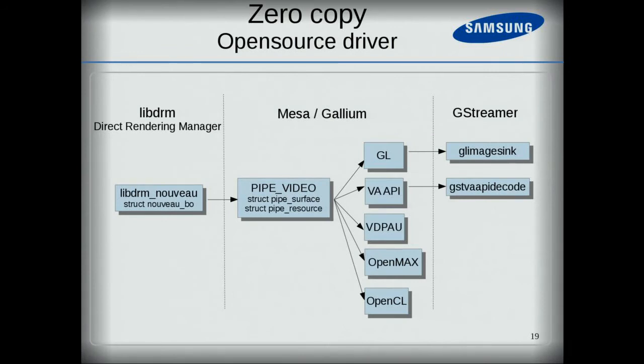We have used a whole open source stack, including the open source driver. This diagram is out of Chromium, but it's to mention that in Mesa Gallium, there are features that you may not know.